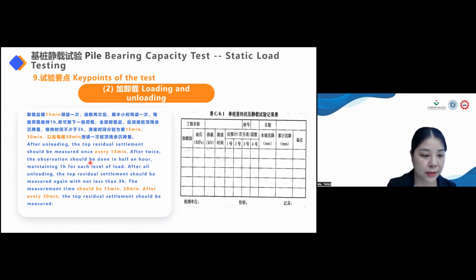After all unloading, the pile top residual settlement should be measured for no less than 3 hours. The measurement time should be 15 minutes, 30 minutes, and then every 30 minutes.